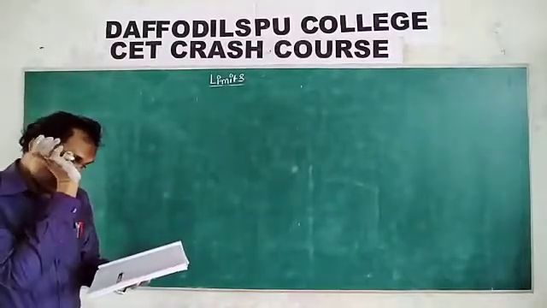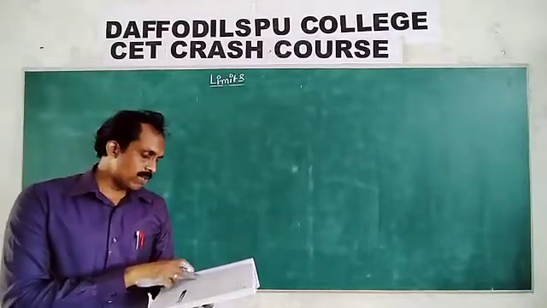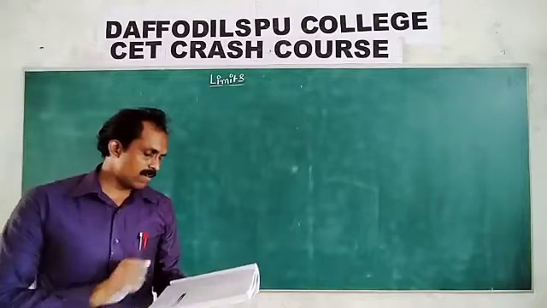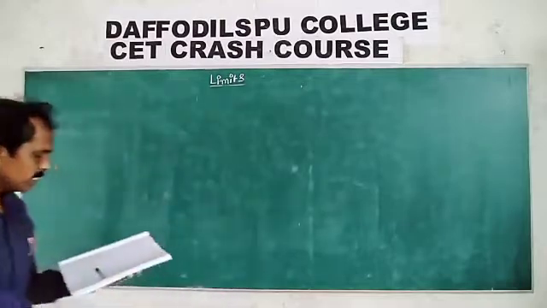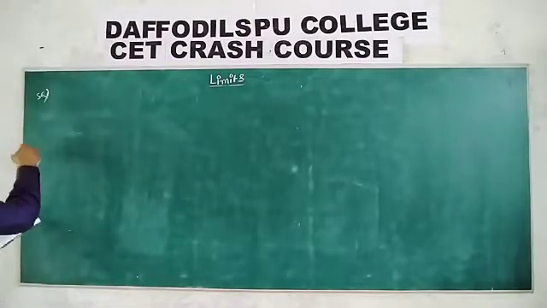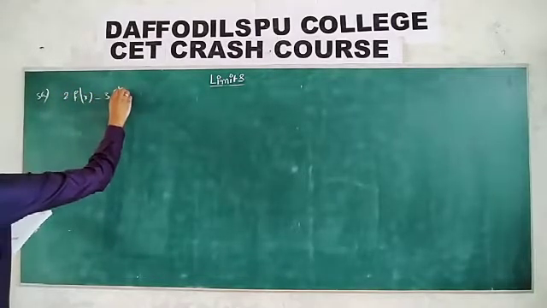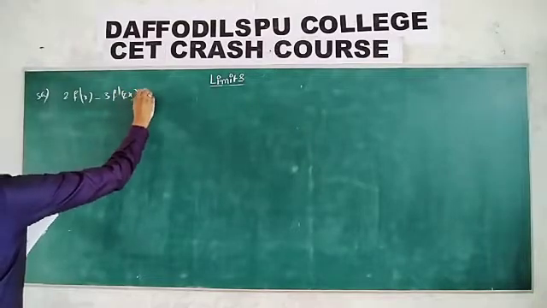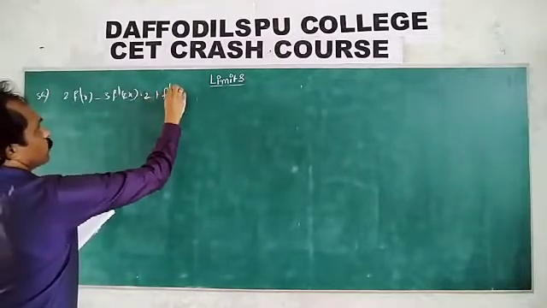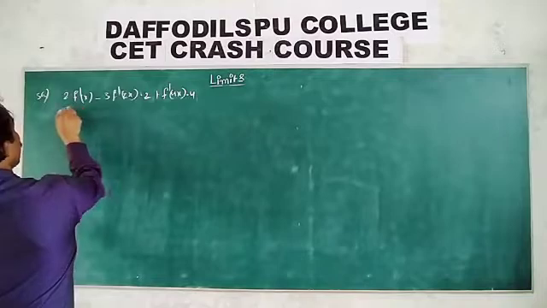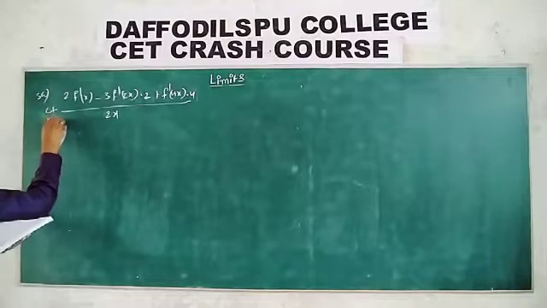36. f double dash 0 is equal to a. If you substitute x as 0, 2 into f of 0, 3 into f of 0 plus f of 0, that value is 0 by 0, undetermined. So using L'Hospital rule, try this one. 2 into f dash x minus 3 into f dash 2x, and inside 2x derivative value 2, plus f dash 4x, 4x derivative value 4, divided by x square derivative 2x, limit x tends to 0.